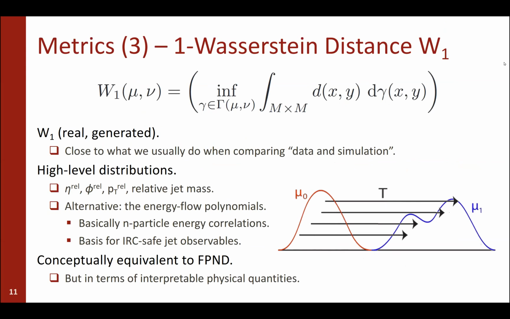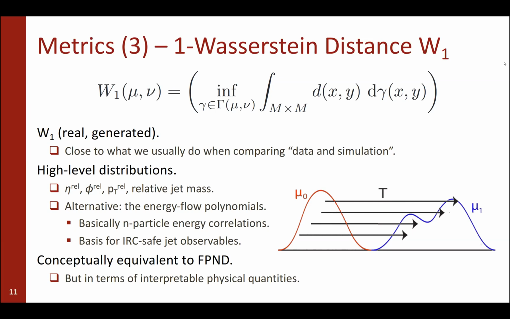And finally, the Wasserstein first distance, which is again a mass moving distance. And this is again physics inspired because it's very close to what we do when we compare data and simulation, which I don't think I need to explain much. Here we calculate the Wasserstein distance between high-level distributions of the real and generated jets.